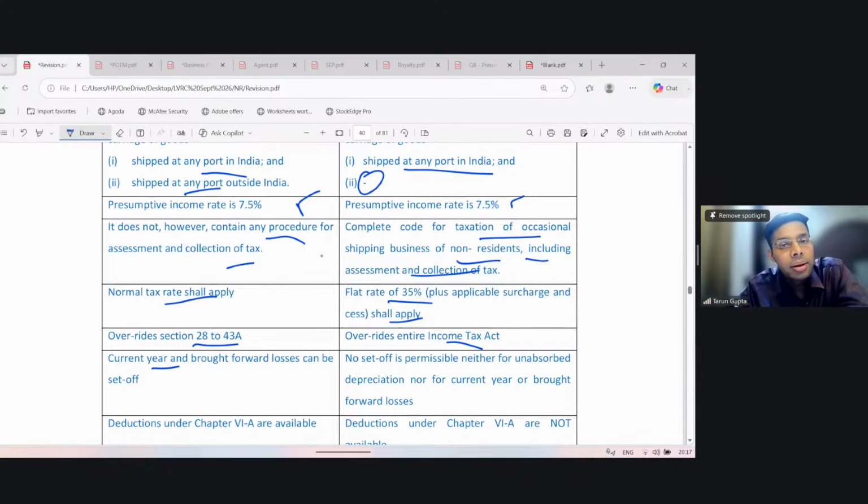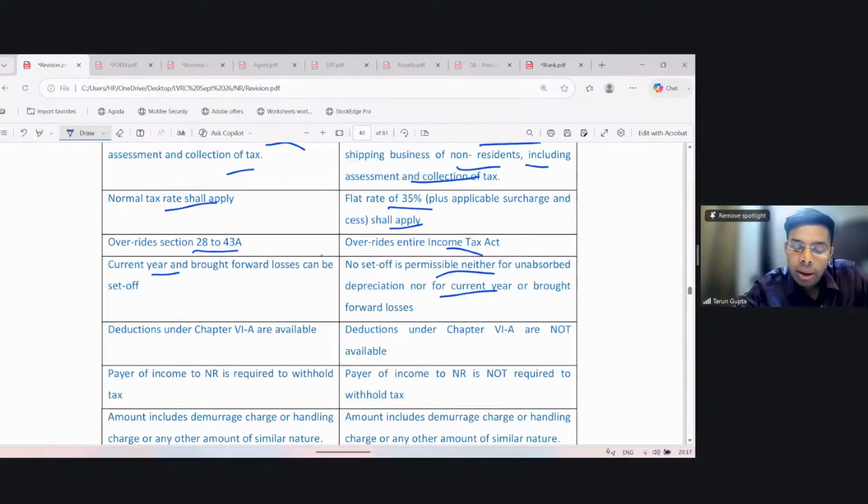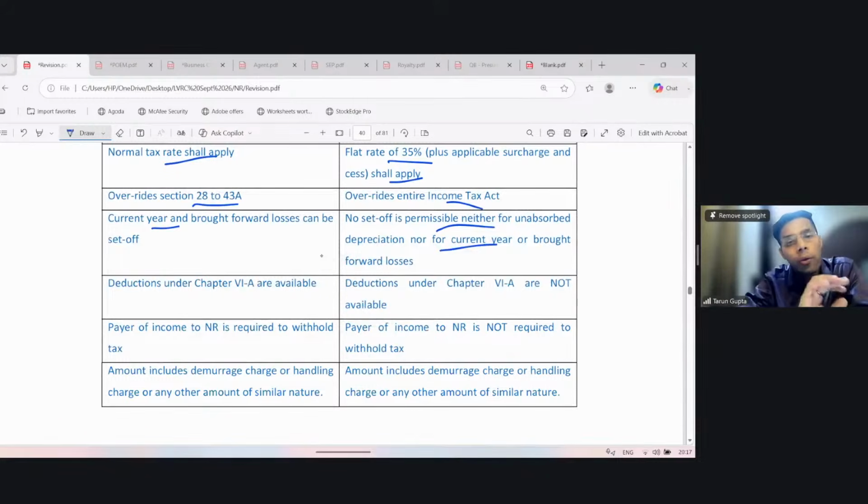However, since 172 overrides the entire Act, no set-off is permissible, neither for unabsorbed depreciation nor for current year or brought forward losses. Similarly, 44B only overrides the PGBP head. Deductions under Chapter 6A are available. But 172 overrides the entire Act. Therefore, deductions under Chapter 6A are also not applicable.